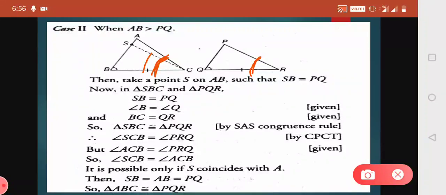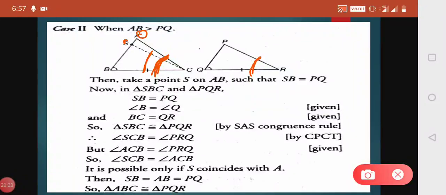It is possible only if S coincides with A. These both angles, angle SCB and angle ACB, can be equal only when this point S and this point A coincide, meaning they are at the same position.